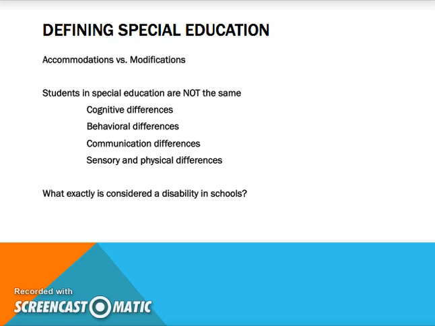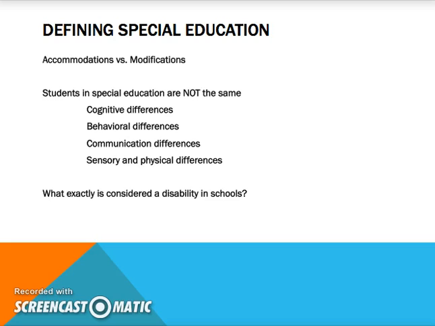You might have students who struggle expressively with their language. Right? And then you have students who have sensory and physical differences. So going back to my example earlier about a writing accommodation, a student who has a physical disability, they may have average to above average intelligence, yet physically they're limited by their disability. Okay? And so that student would qualify for special education.